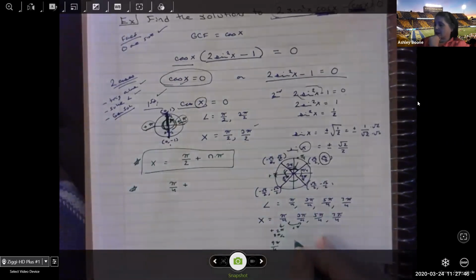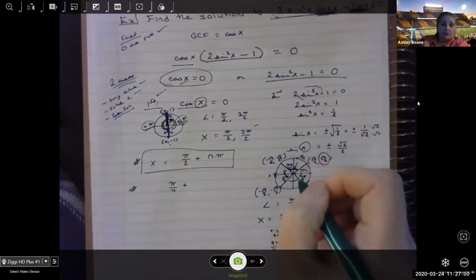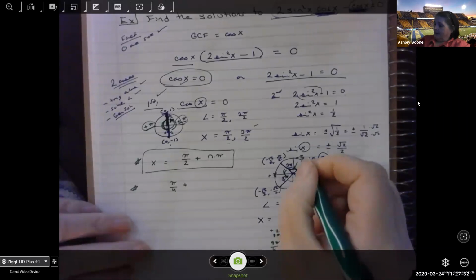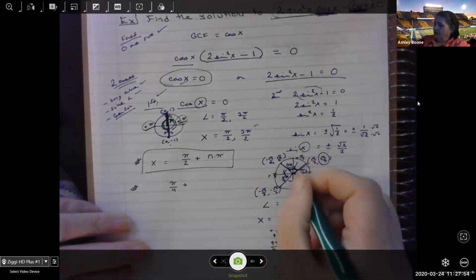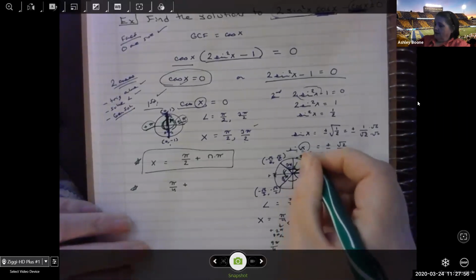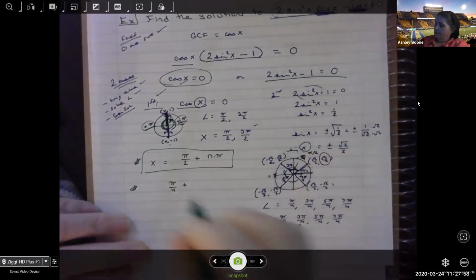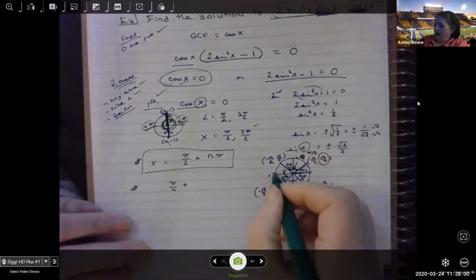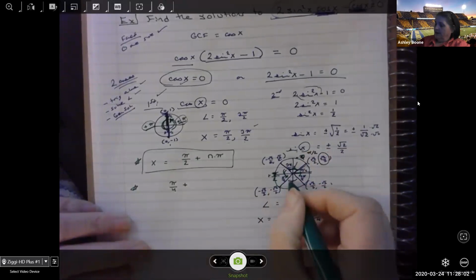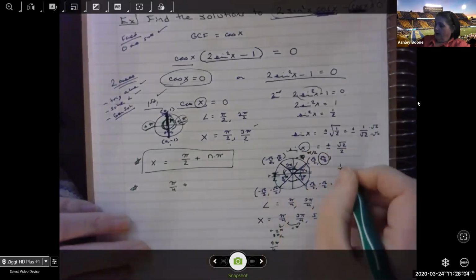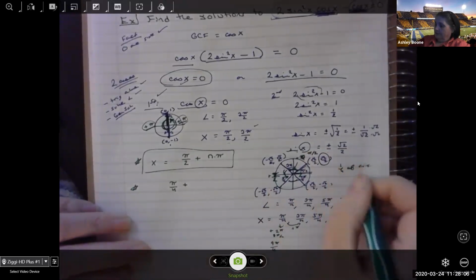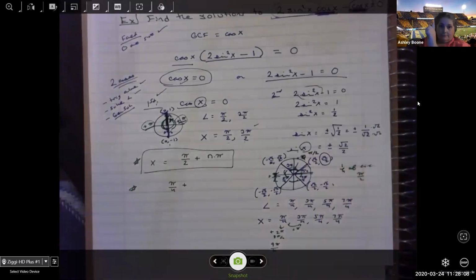It's actually not, oh, I lied. Sorry, I was so focused on pi over 4, which is this small angle. It's an increase of pi over 2. It's 1/4 of a circle. That's pi over 2.